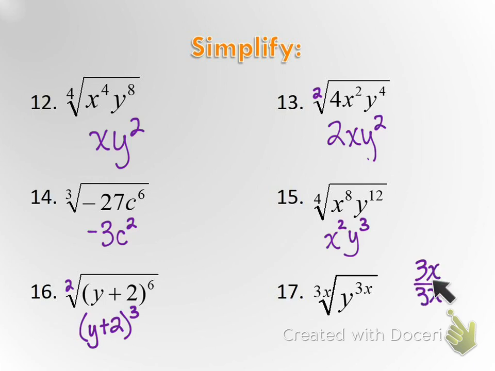If you take something divided by itself, what does it become? 1. So that becomes our new exponent, y to the first, or just y. So I would agree with just y. The x from the exponent and the index are also going to cancel each other out, just like the 3's did.